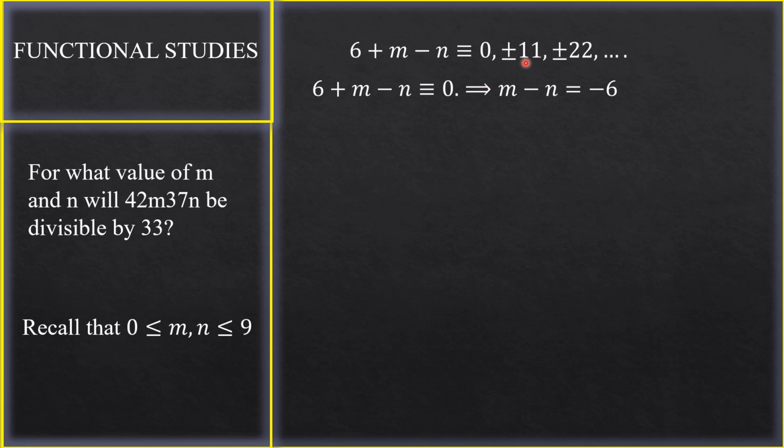Now let's do the second argument. Can it be negative 11? Let's analyze all the negatives first. When this term crosses here, it becomes negative 6. When you add negative 11 to it, it becomes negative 17, which is already beyond the limit. Remember, the highest negative of this difference can only be negative 9 for this expression to remain true, because that's 0 minus 9.